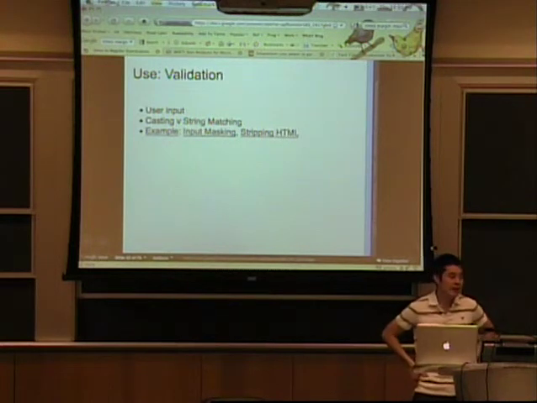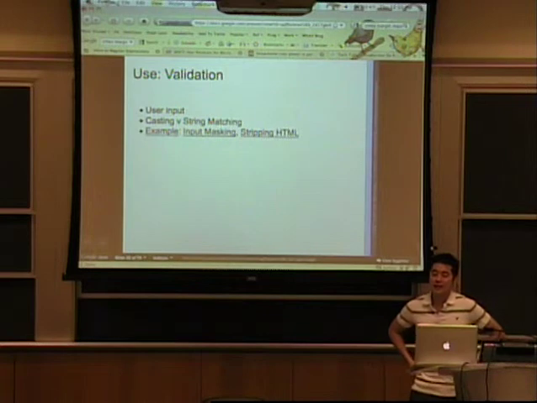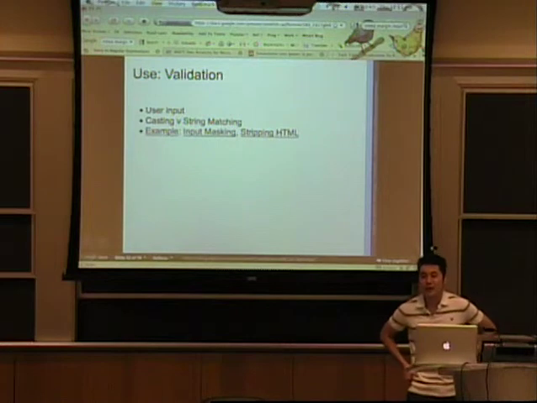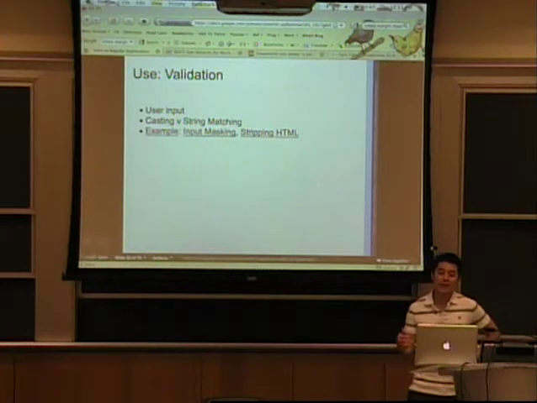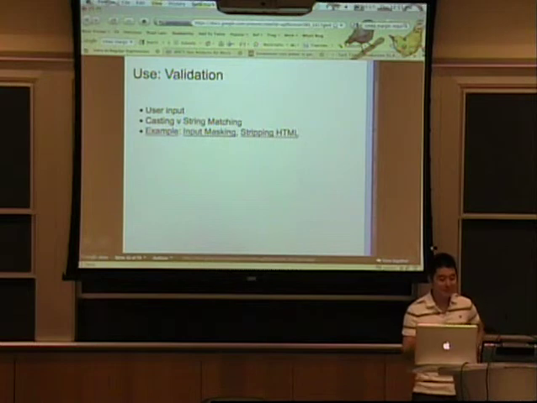You might instead want to cast the date as a JavaScript date object, and just validate that way. What you want to do depends on your problem domain and your problem space. And I'll actually show a case where you should use regular expressions to match a date, because usually you'd want to cast instead.